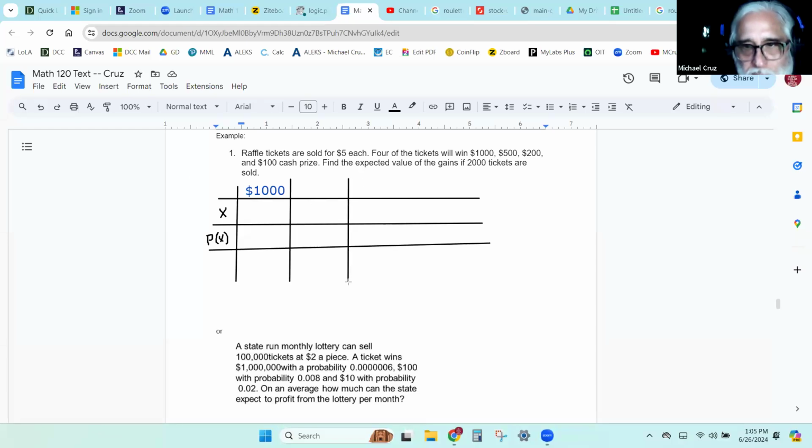What is our outcome, or our net winnings, if we have to pay $5 for the ticket? 1,000 minus 5 is 995. So there's our net winning. There's our outcome, or X.